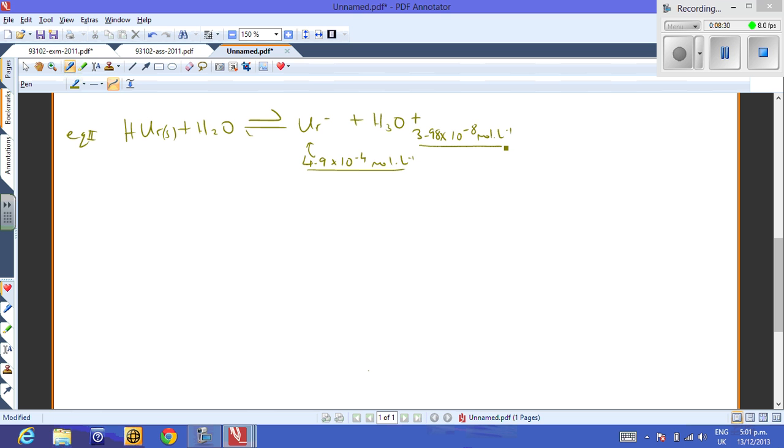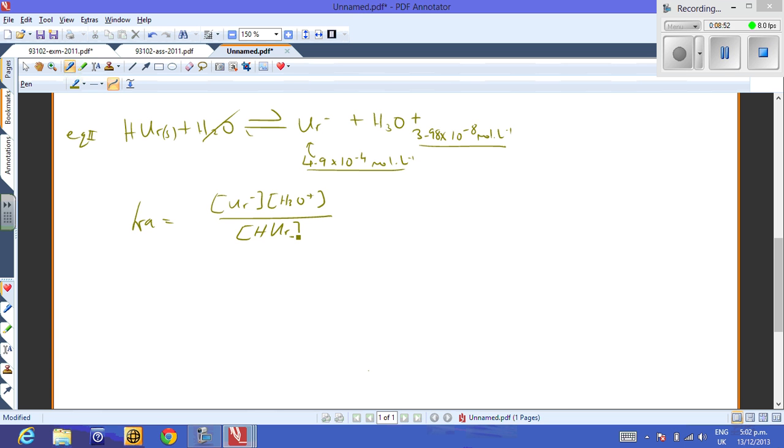The pH tells us the concentration of hydronium ions, that's 3.98 by 10 to the minus 8 moles per liter. So if we write a Ka expression for this particular weak acid, we have the concentration of urate ions times the H3O plus. We don't include the concentration of water, we assume that's constant, over the concentration of HUR, which is what we're trying to determine here.